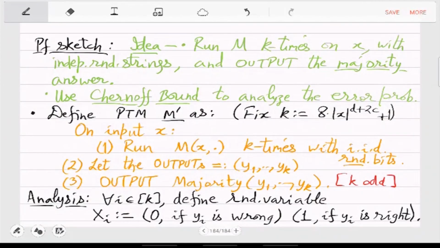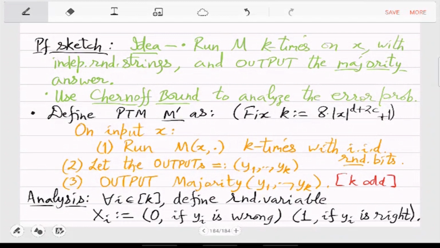So, it runs M k times with independent identically distributed random strings and takes a majority vote of their output. Think of k as odd. So, there were odd many experiments, and what is the majority? Just more than k by 2.